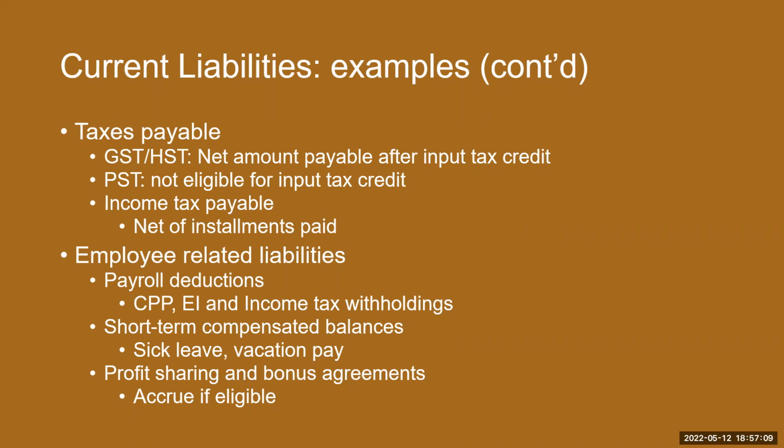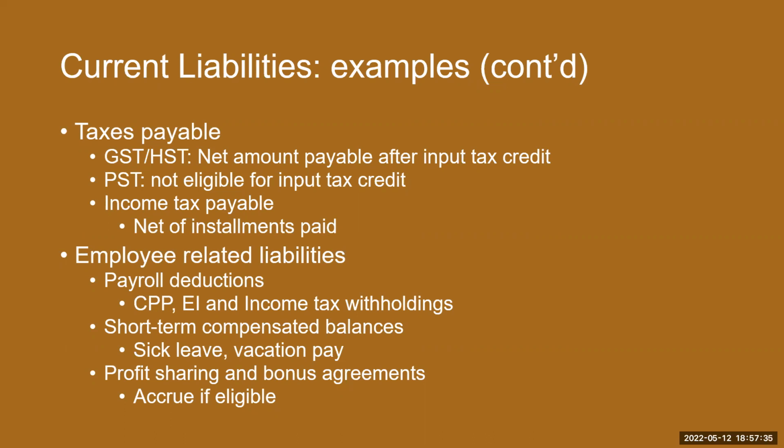Now, that's got nothing to do with accounting. That's laws that our lawmakers have come up with. So rather than getting lost in the details, if you look at the overall picture, if you owe money, if you have to pay money to the government, then it's a liability. And the government is not going to wait for more than 12 months to get the money from you.